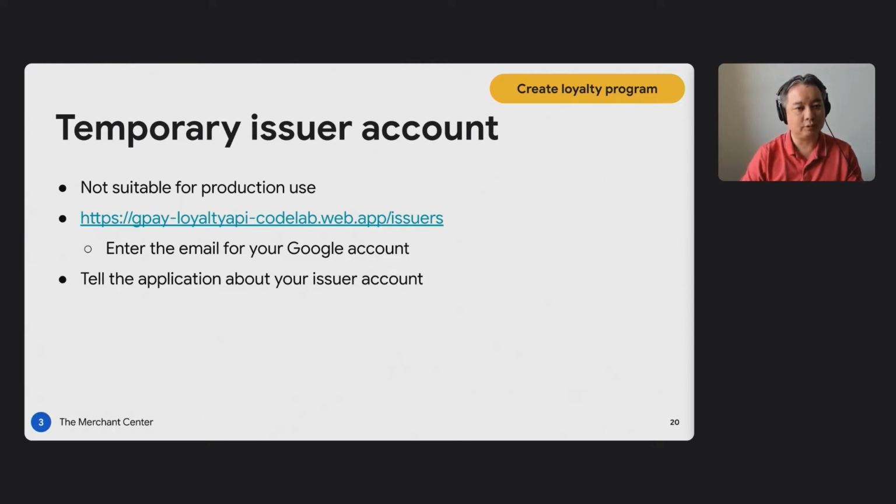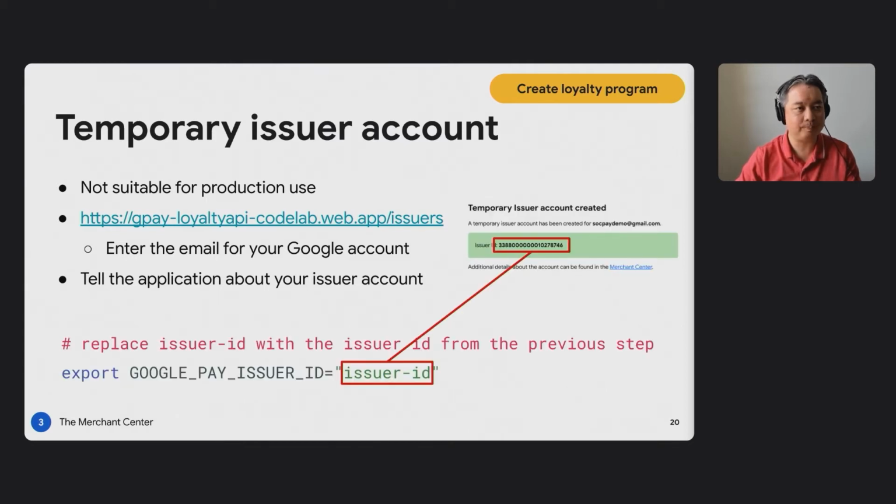And we'll also tell the application about the issuer account so that the API can make the changes on our behalf. We'll need to remember things like the issuer ID later on, and I'll go through that in a bit more detail. Let's switch back to the code lab.